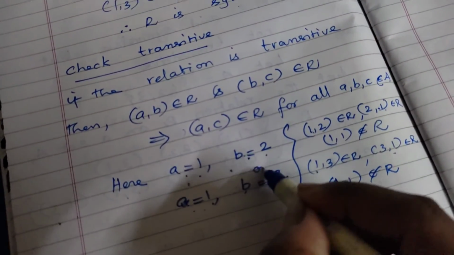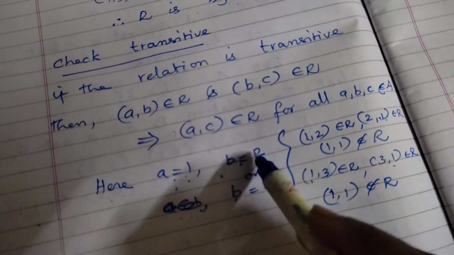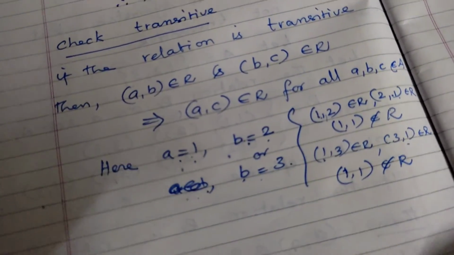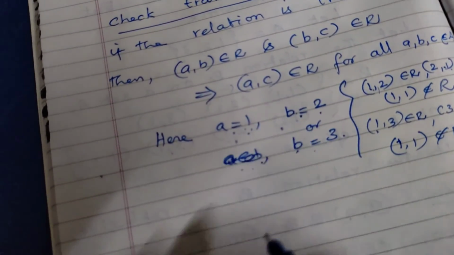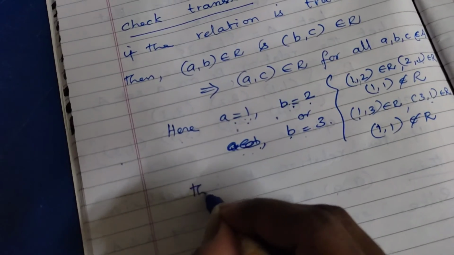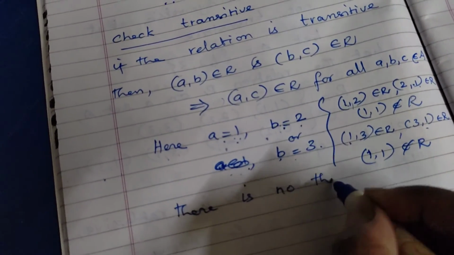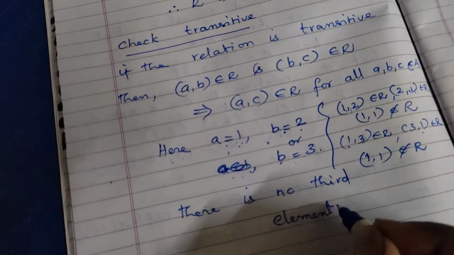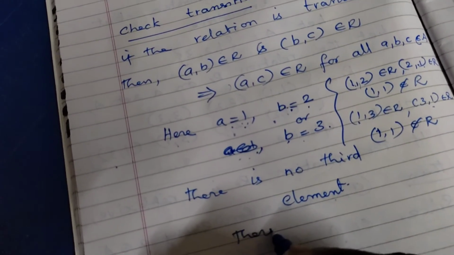For understanding only I am writing like this. In that sum we have to write A equal to 1, B equal to 2 or 3, which means there is no third element, that means there is no C here.